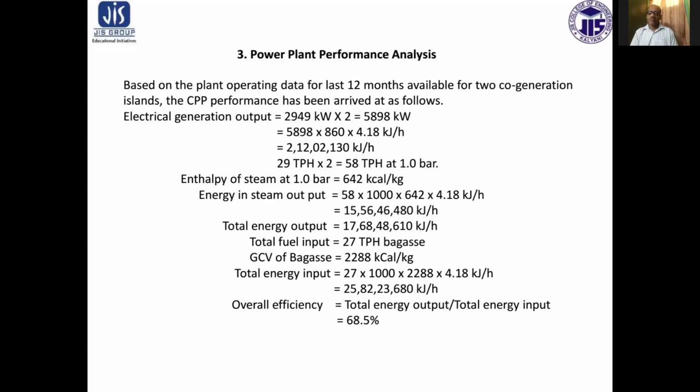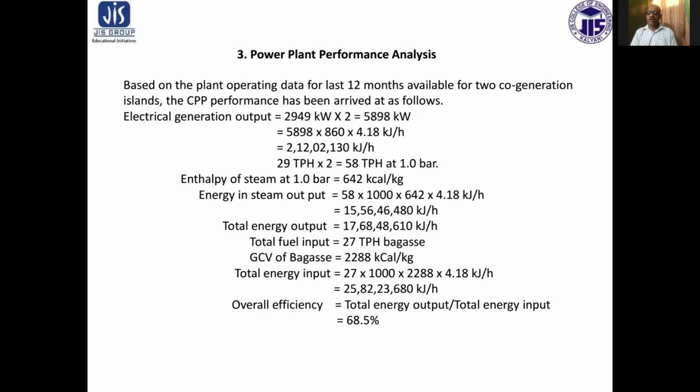And steam output is 29 TPH into 2, that is 58 TPH at 1 bar. The enthalpy of steam at 1 bar from the steam table we find is 642 kilocalorie per kg.